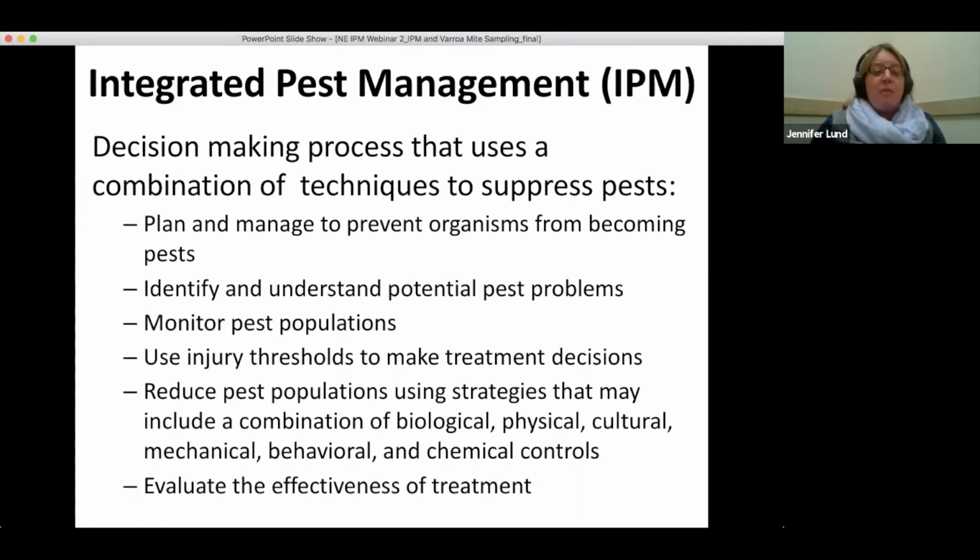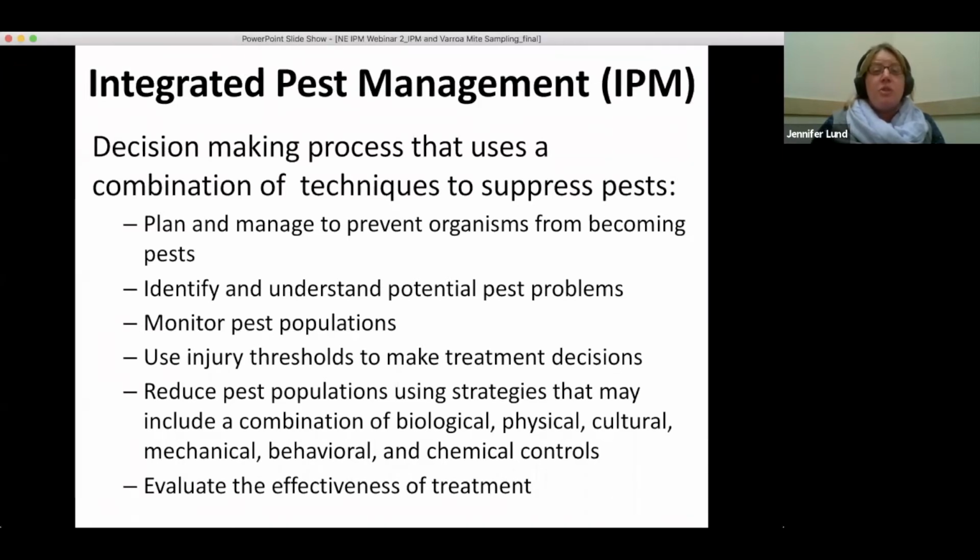And then doing something when you reach those numbers where those mites are getting out of control, reducing your pest population using many different strategies, not just doing the same thing over and over, but using a combination of strategies. And then finally, and this is a really critical step, is evaluating the effectiveness of your treatment.